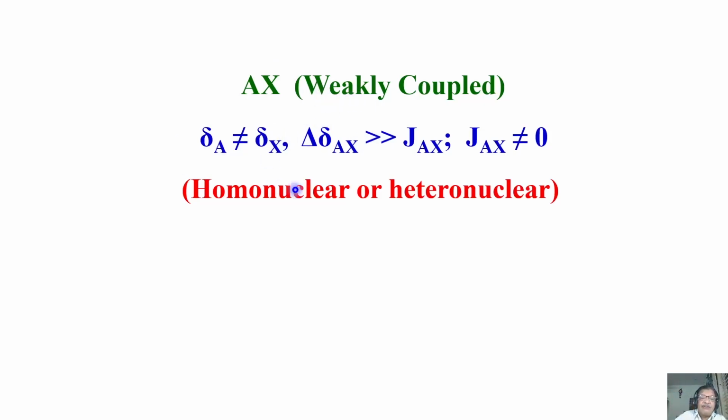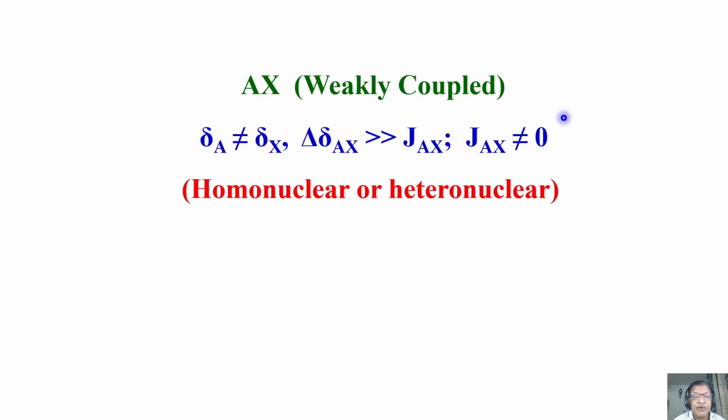Remember, one of the conditions for a weakly coupled spin system, this delta by J has to be greater than 50. That's what I said, at least of that order. That is one condition. Secondly, JAX is non-zero. If JAX is 0, it will become a different type of spin system. I'll tell you that later.